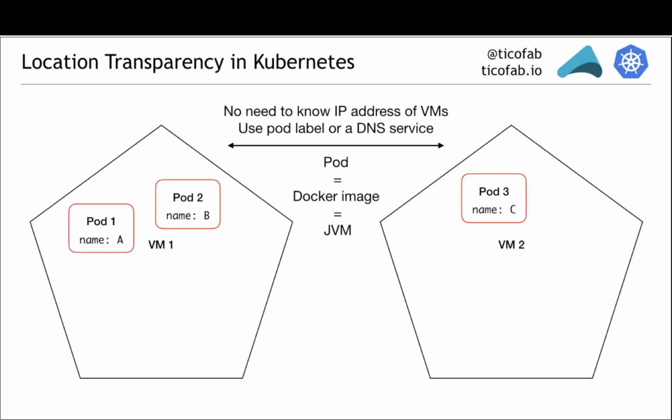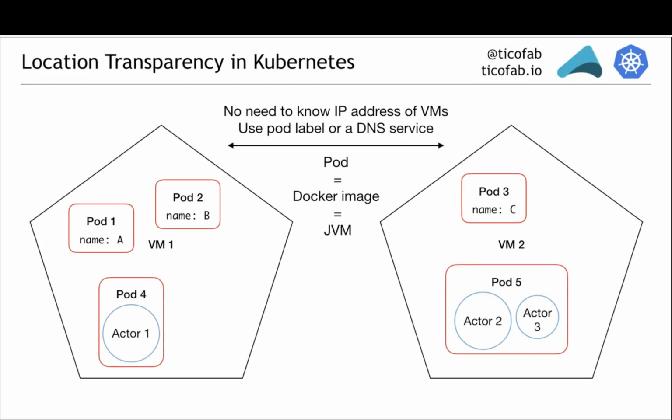And the thing is, we don't need to know anymore the IP addresses of those virtual machines. We can use the pod labels, or Kubernetes even offers us a DNS service to reach them. And so you, as a developer, don't need to know in which virtual machines your processes and your actors will be running.